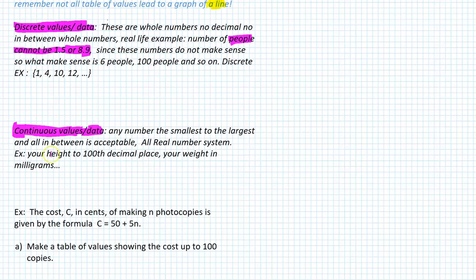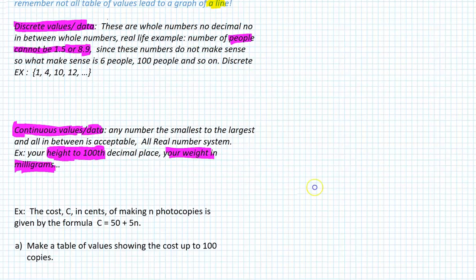Height is an example, so is weight, and you can come up with many other ones. So continuous values are basically all of the real number system that are part of the data. It doesn't really matter what you choose as long as they are part of the real number system. Okay? All right. So let's start with the example.